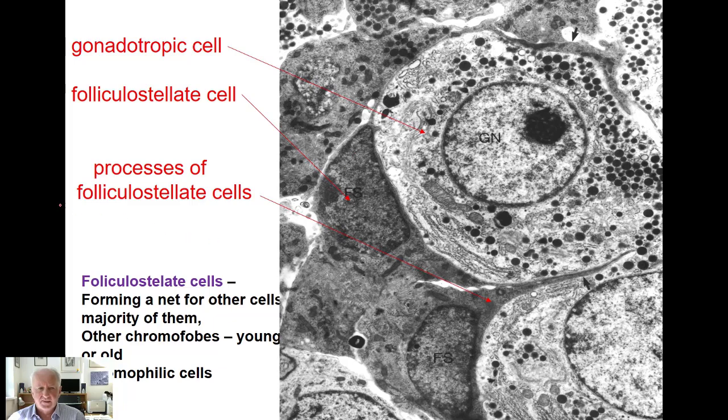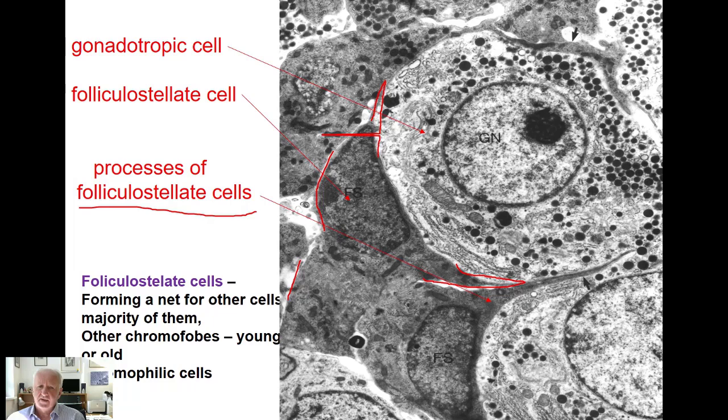The chromophobic cells, the biggest number of chromophobic cells are so-called folliculostellate cells. You see them here. They have such longer processes, those cells, and they are forming such a holding apparatus for the other types of cells, for the chromophilic cells.